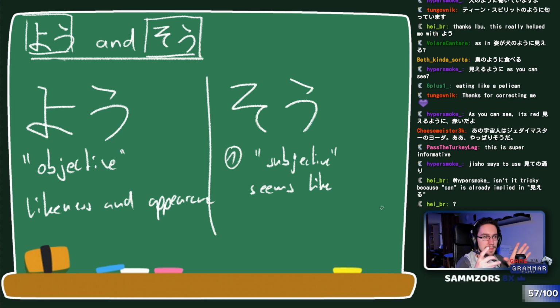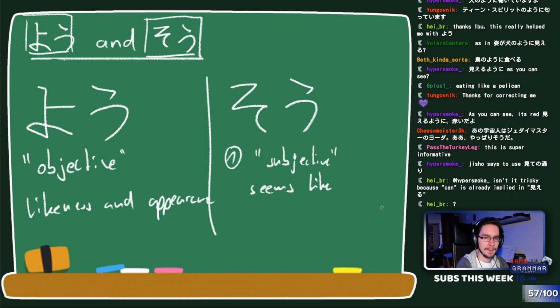Again, remember with 見えるように, the issue is that you're using 見える and then adding よう after. So what you're saying is it is like visible, like it can be seen. Like 見えるように濃い霧, I don't know. But you would probably use hodo in that case.